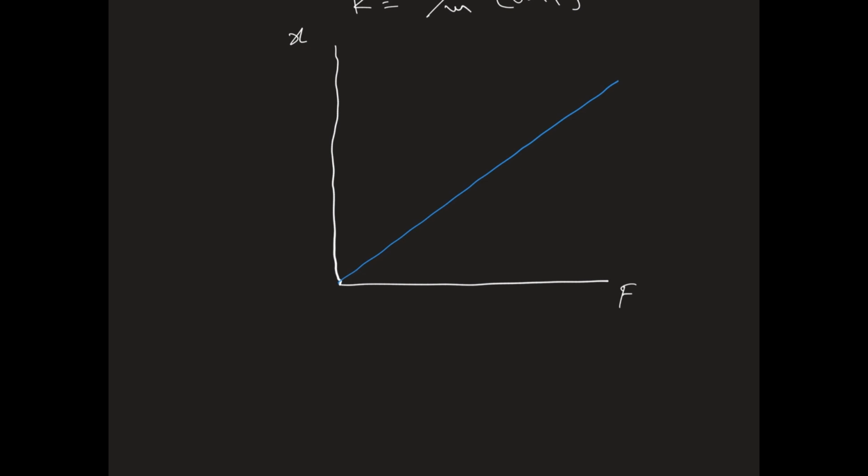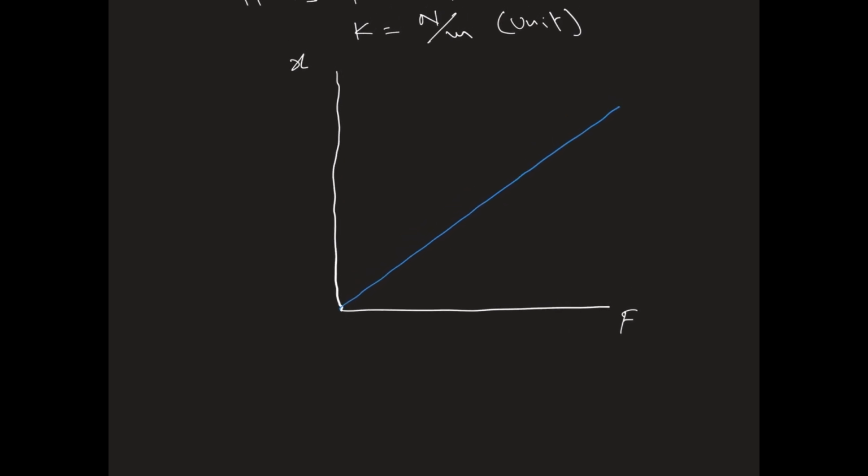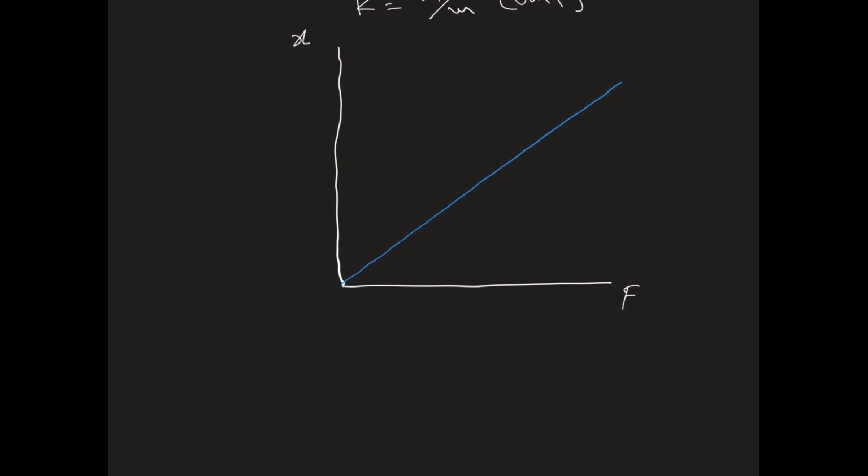This graph represents a material that strictly follows Hooke's law. As we have discussed, when two quantities are directly proportional to each other, the graph will be a straight line that passes through the origin.